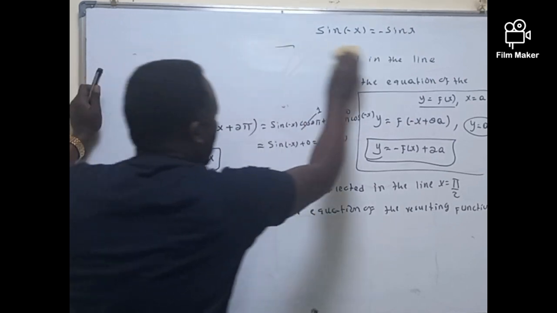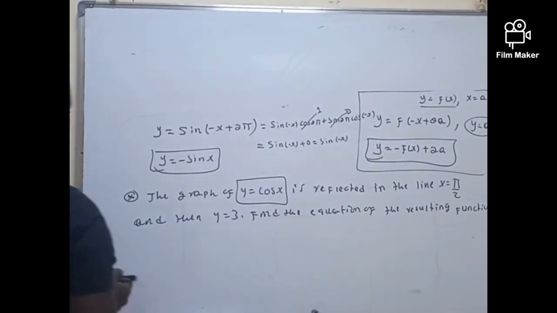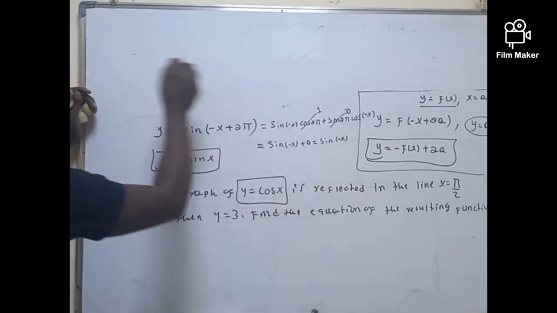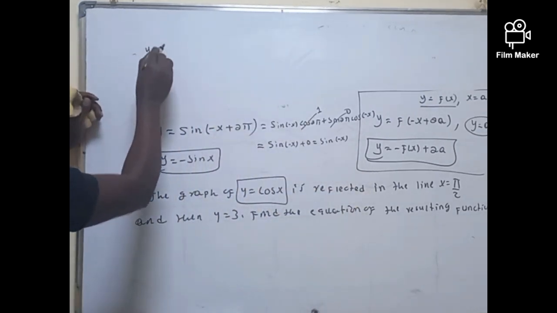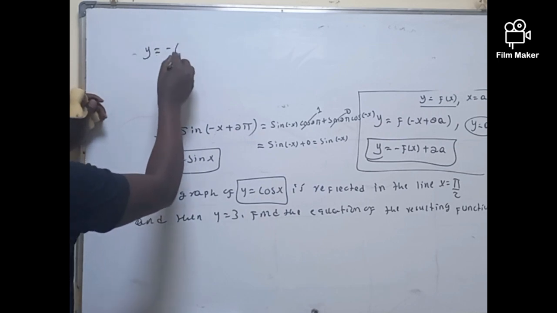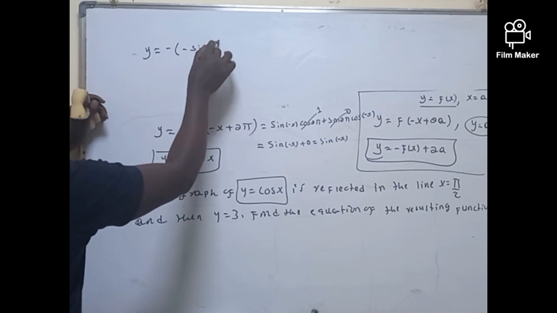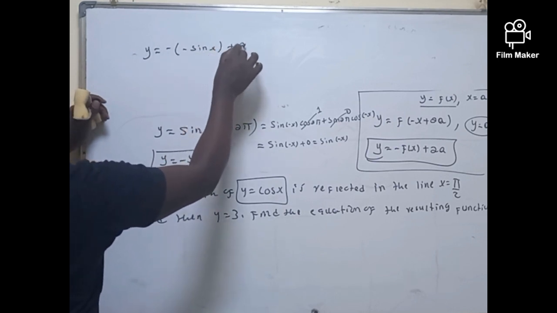So for the second case, now you have to apply the second problem. And y is going to be what? This is the image. We have been reflecting this with y is equal to 1. So this is going to be minus of, that is minus sine of x plus 2a.